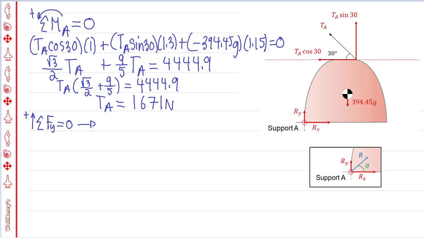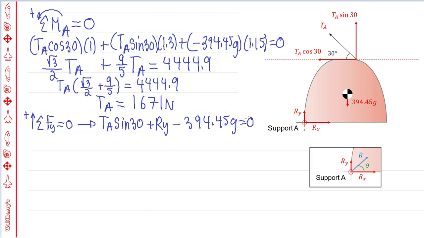Now, in the y direction we have three forces. We have TA sine 30, that's the first force, acting upwards, so it's positive, plus Ry, which is also acting upwards, positive, minus mg, which is acting downwards, 394.45g, is equal to 0.